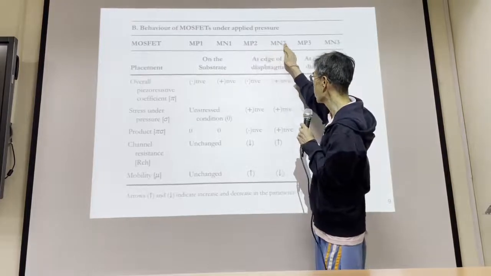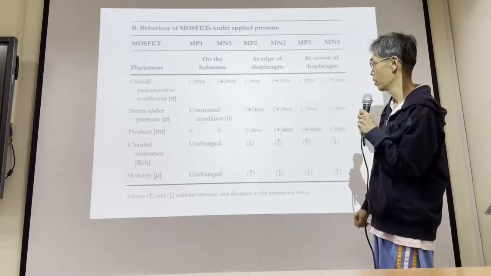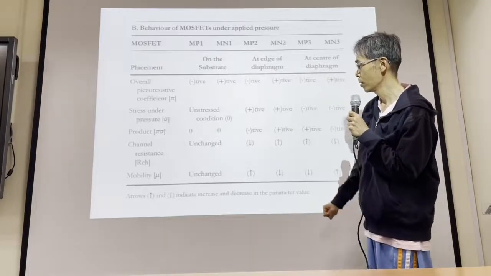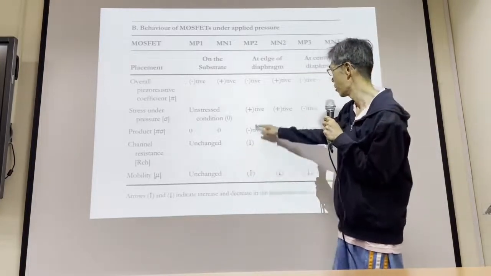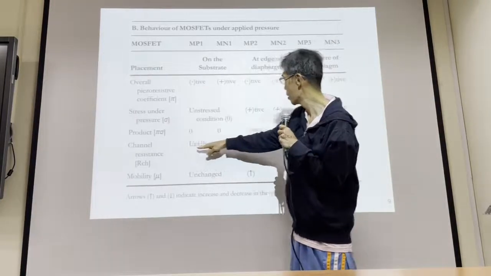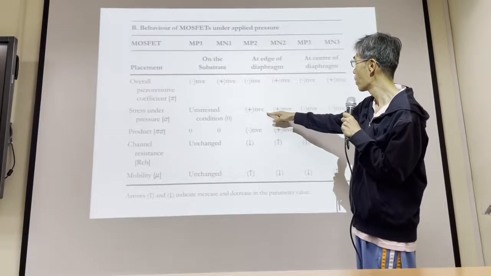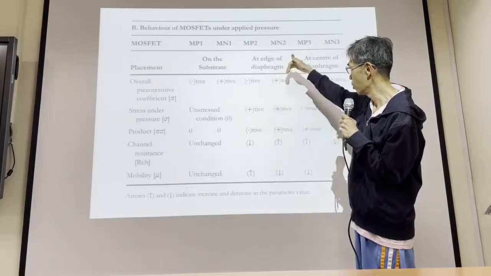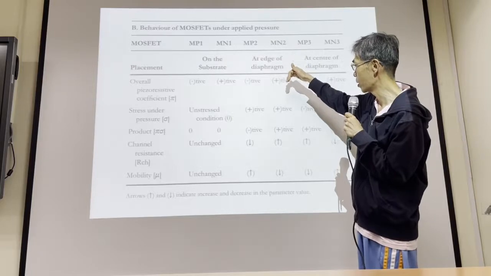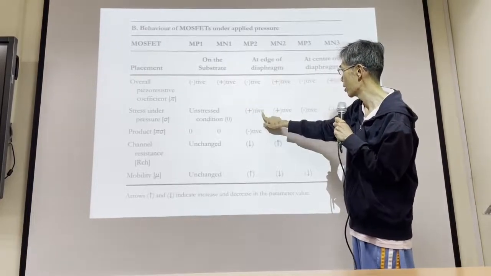MP2 and MN2 are at the edge of the diaphragm, so they are under tension and pressure stress. If we have the pressure from the top, then this one is in tension.